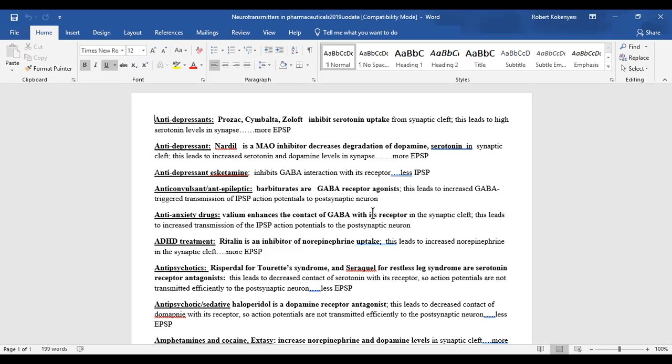So neurotransmitters are not only important for natural physiological action in our central nervous system, neurotransmitters are also the handles, the tools, the targets that our pharmaceutical industry uses to change undesirable high or undesirable low level of activity in our central nervous system.